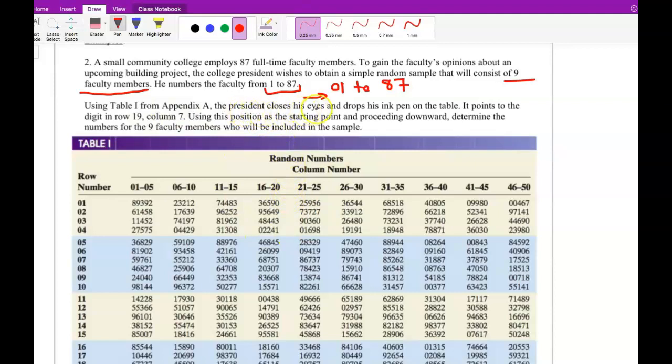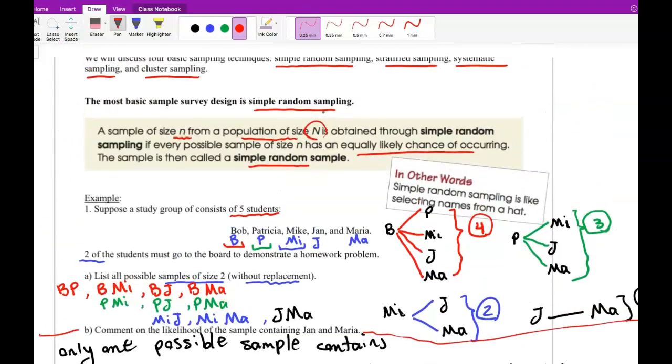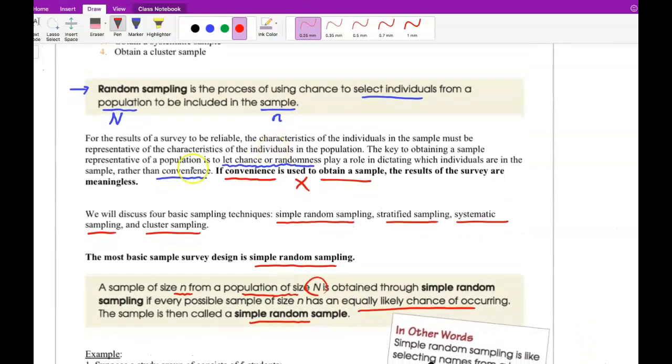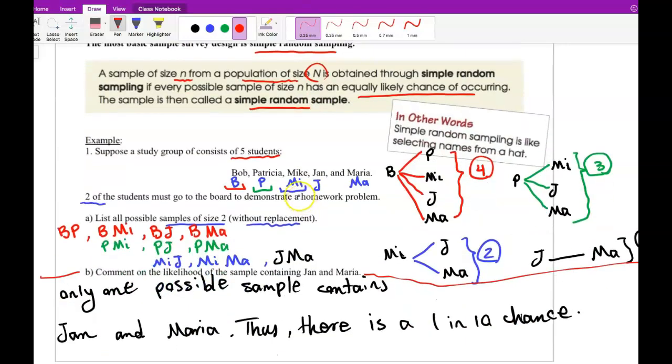Using the table from our textbook, the president closes his eyes and drops his ink pen on the table. That means we're following the steps from the first page: to let chance or randomness decide, you should have that rule.